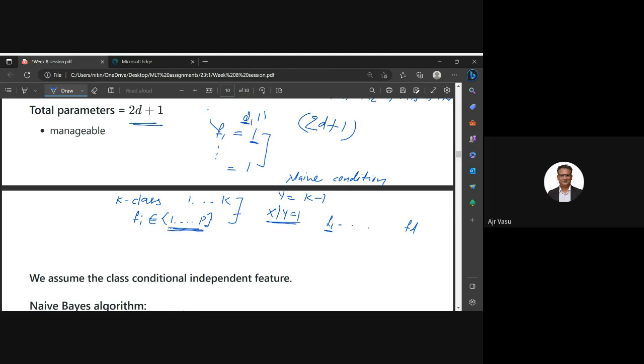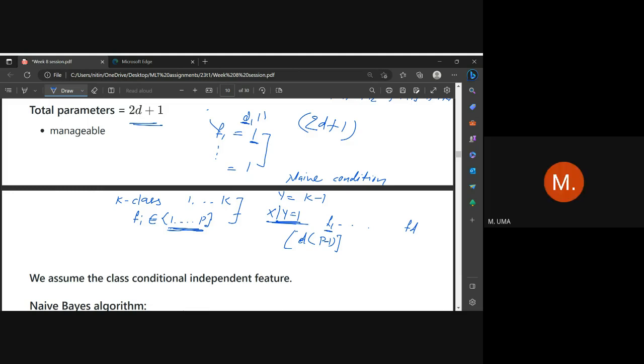I thought it only takes two. Sorry, it takes p values, so p minus one. Correct. Similarly, for all d features you have p minus one parameters each, so in total you have d into p minus one parameters. And for how many such distributions do you have?